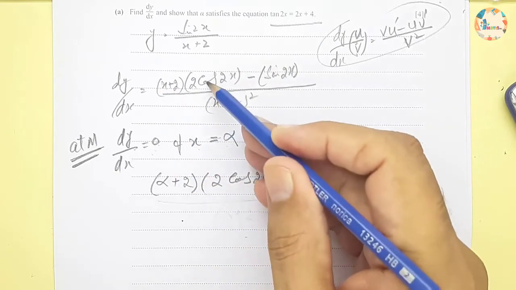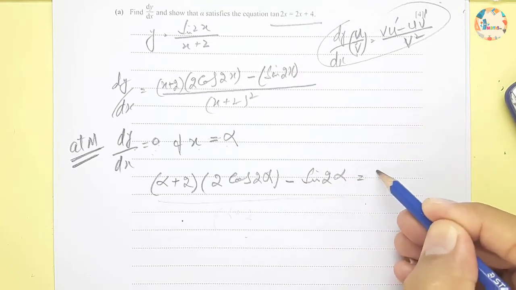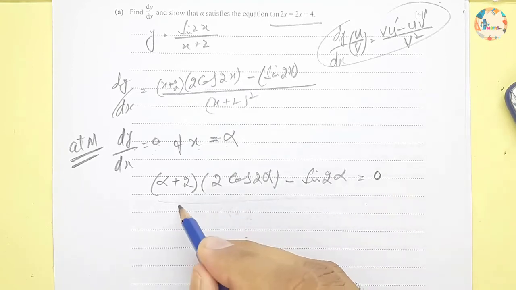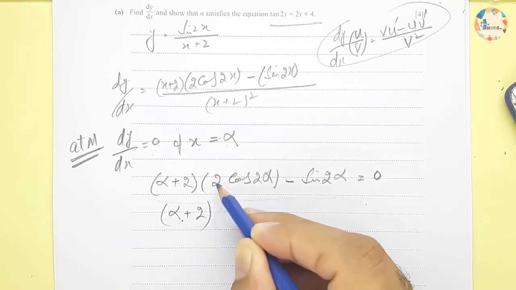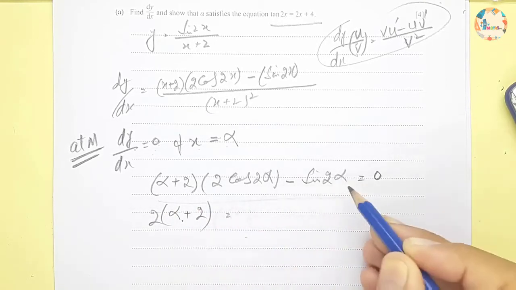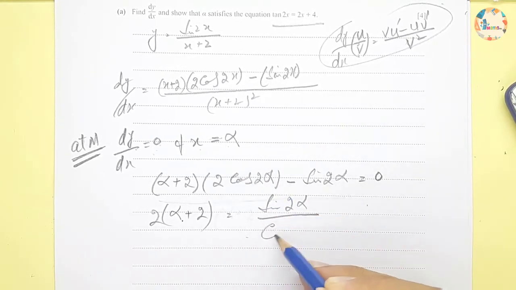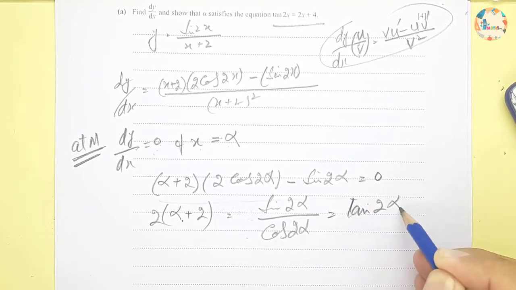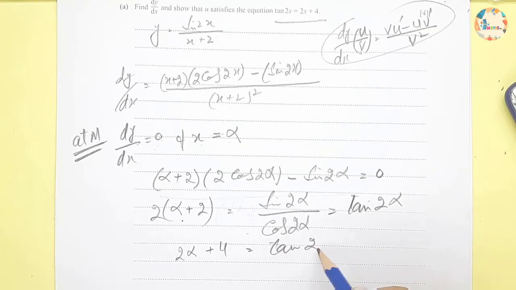So alpha plus 2 cos 2 alpha minus sine 2 alpha is equal to 0, and we can shift this to the other side, so we can write alpha plus 2 into this 2 is equal to sine of 2 alpha over cos of 2 alpha, and this one we can write tan 2 alpha, and opening this, 2 alpha plus 4 is equal to tan 2 alpha.